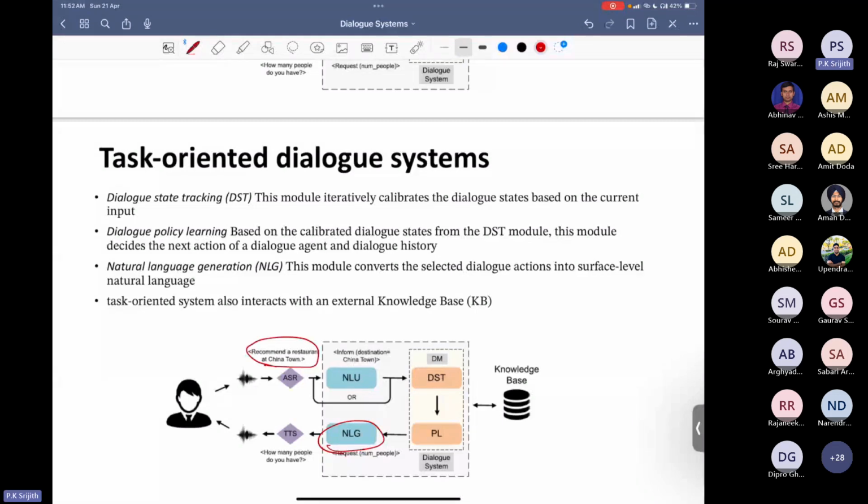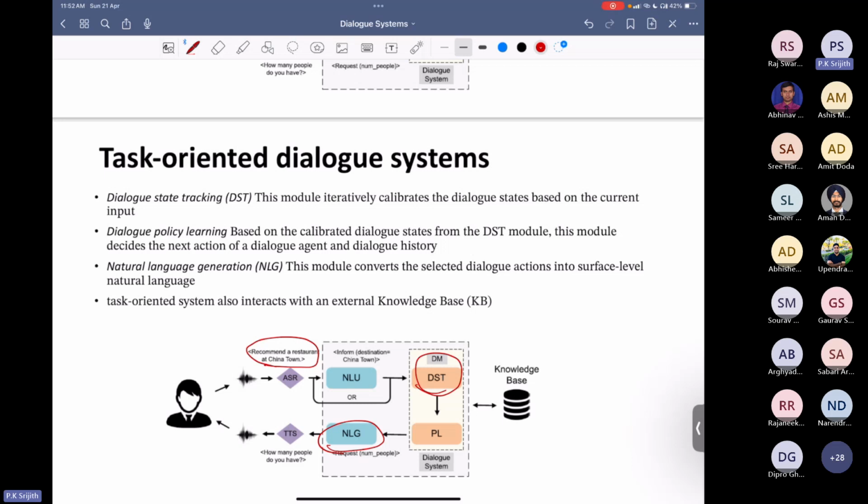It feeds that into the DST module, and the DST module fills whatever slots are needed for booking a restaurant. But it finds that the user didn't provide any information about the number of people for whom the restaurant table needs to be booked.